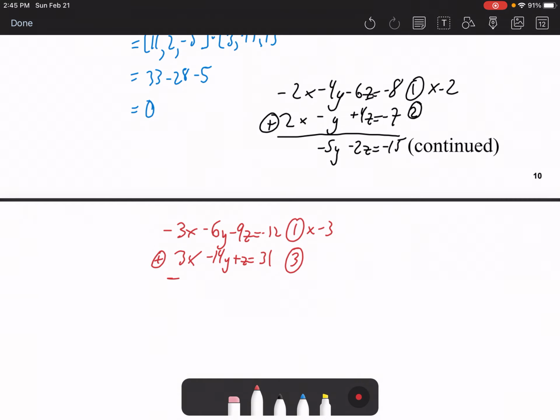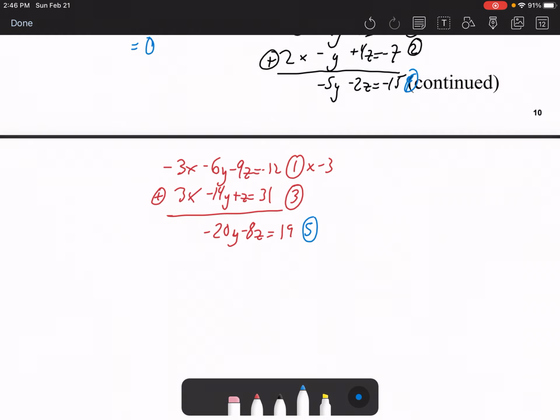Okay, so when I add these two, I get -20y minus 8z equals 19. So my two new equations we're going to call 4 and 5.